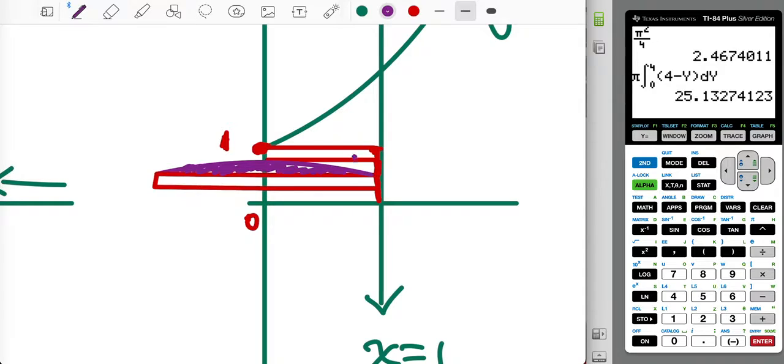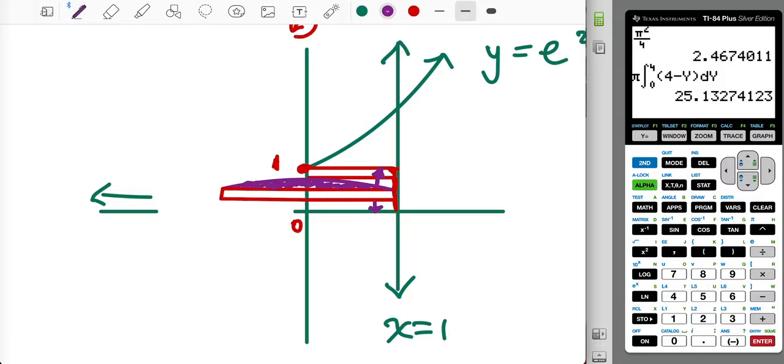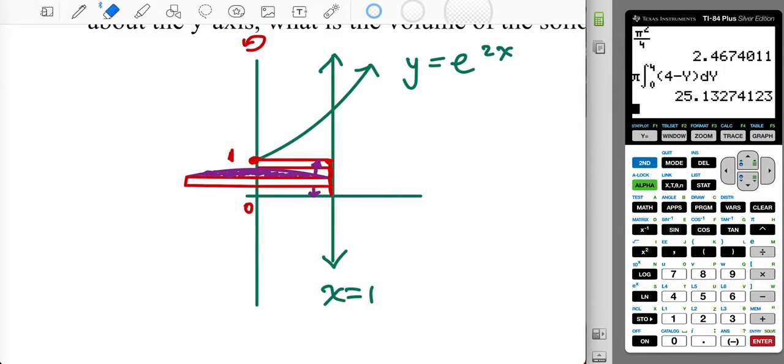But as it works its way through the bounded region from 0 to 1, it's going to be a disk method situation. All right, so we don't have to go too crazy there.